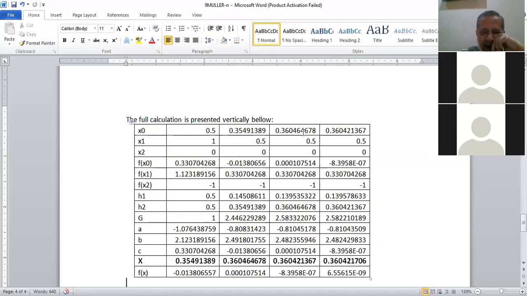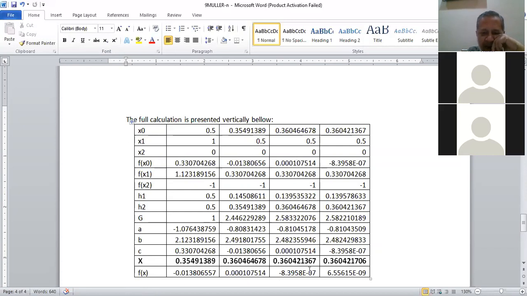Another iteration adjusting new x values x0 x1 x2, all the values calculated, and the function value is of the order of 10 to the power minus 7, that is very small.